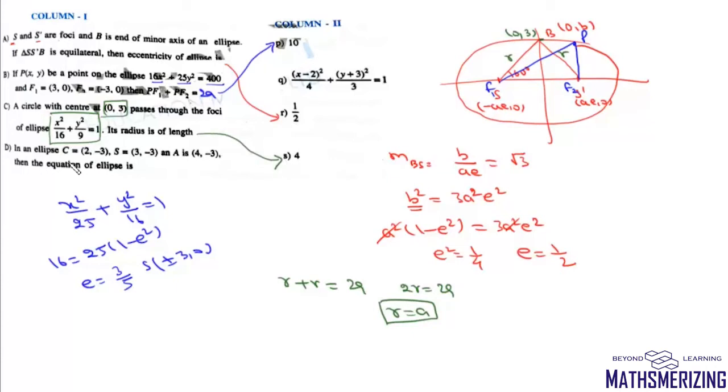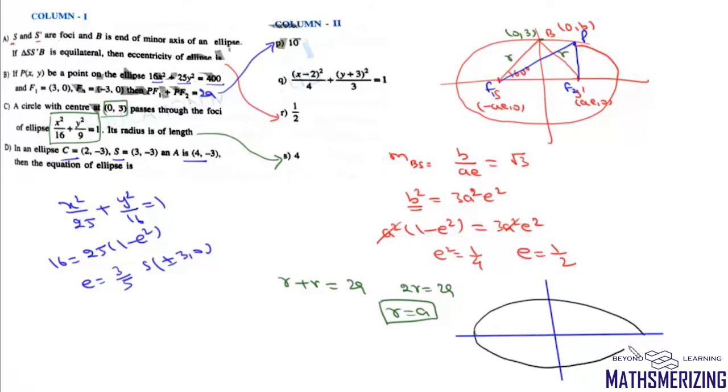Now question number D says, in an ellipse, we are given center, focus and its vertex. If we draw this ellipse, its center is at 2, minus 3. Focus is at 3, minus 3, and its vertex is at 4, minus 3.